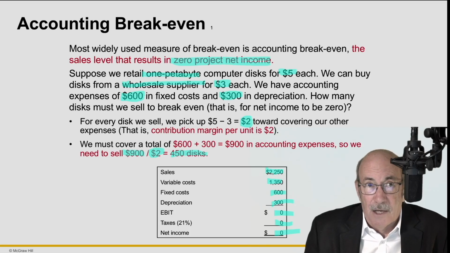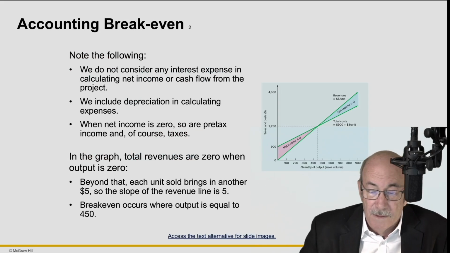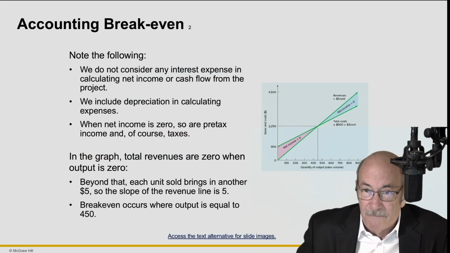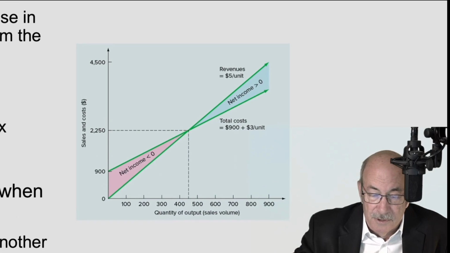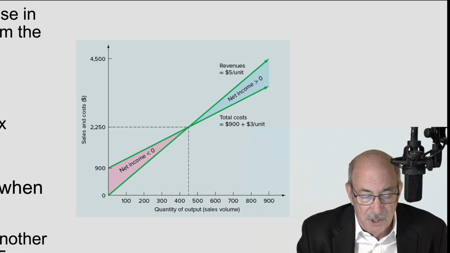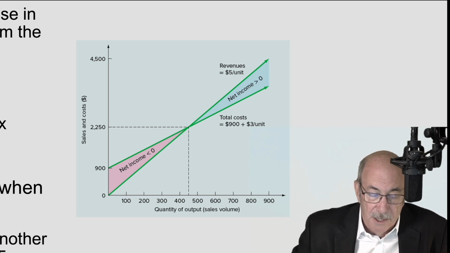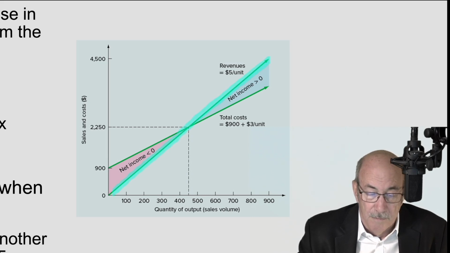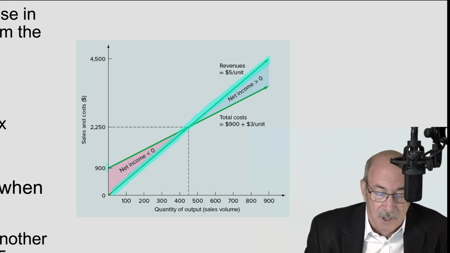So that's an accounting break-even analysis. And again, graphically, they show you this little graph here just to try to give you a visual representation of it. The line here on the bottom is our revenue, and the line on the top is our cost.